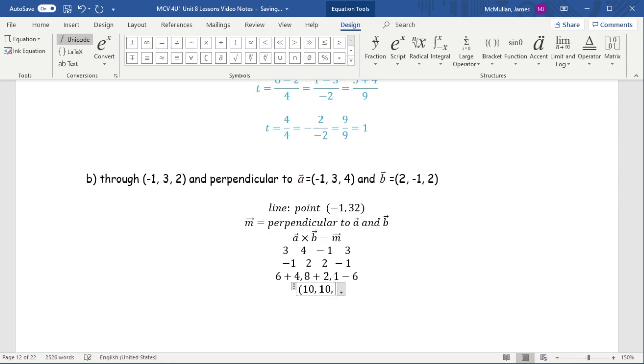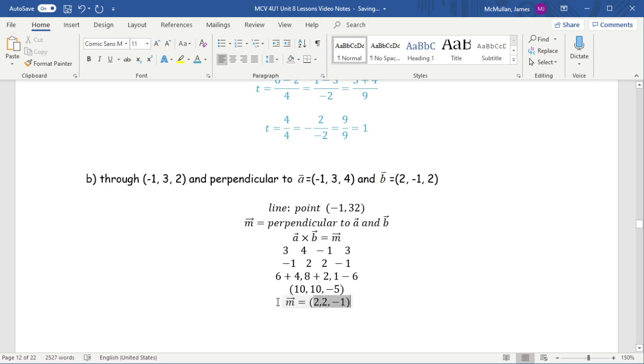So 10, 10, and negative 5. Now again, I'm going to reduce this down to 2, 2, negative 1. You don't need to, but it makes my calculations easier if I reduce the direction vector. Again, not necessary, but I'm going to do it.